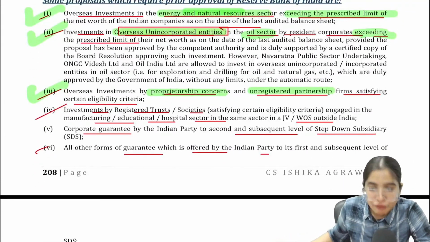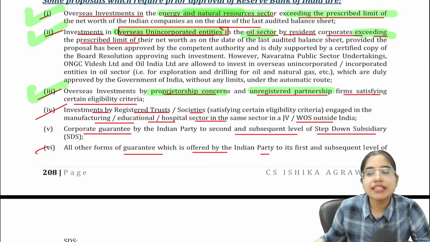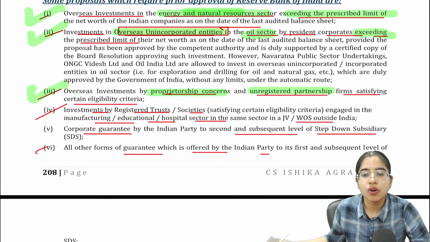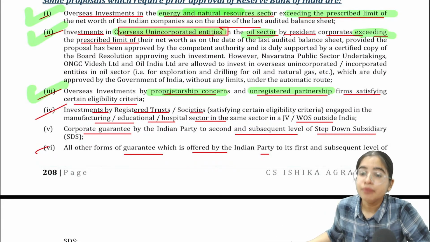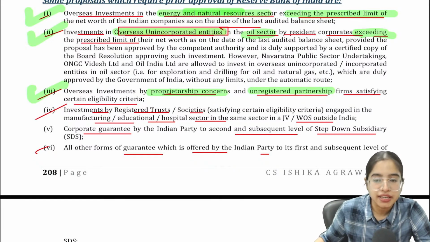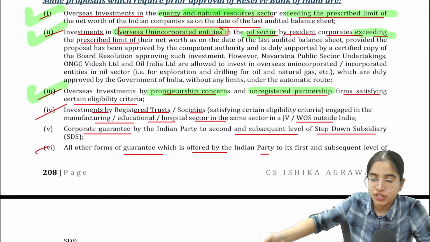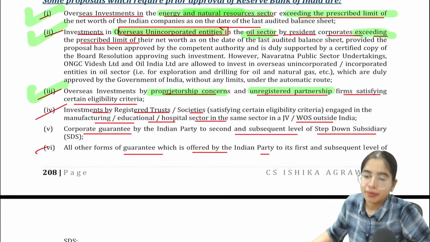Next, if an Indian trust or society engaged in some social business like educational, hospital, etc., is making investment outside India in the same sector, like if we are working in education and we are also investing outside India in education, then also prior approval of RBI is required.